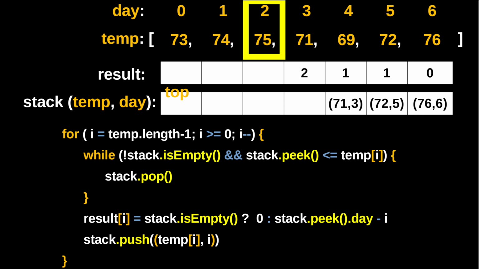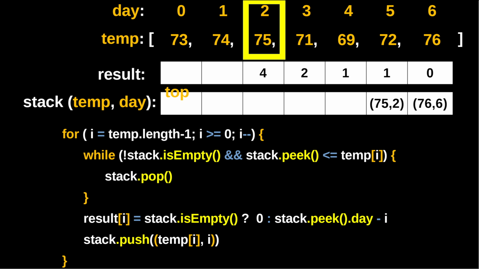The next item is 75. Again, that's higher than the top item on the stack. So we're going to continue to pop the stack until the top item is strictly higher than 75. So we pop those 2 items. Now we do the subtraction. We take the 6 here and subtract the 2 here and we get 4 as results[i]. And then we put 75, 2 onto the stack.